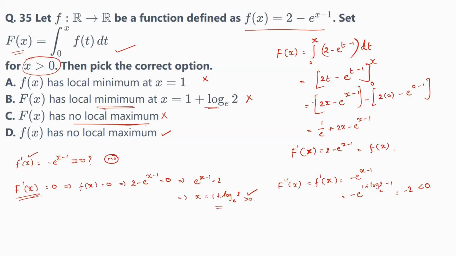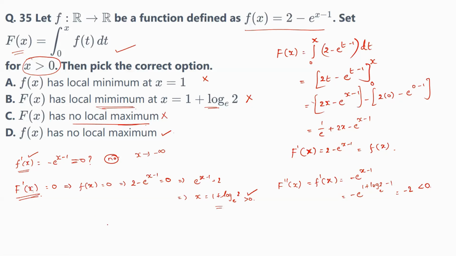This is tricky because f of x asymptotically reaches 2. Let us see how it looks like. Because small f of x derivative is never 0 except when x tends to minus infinity, right?